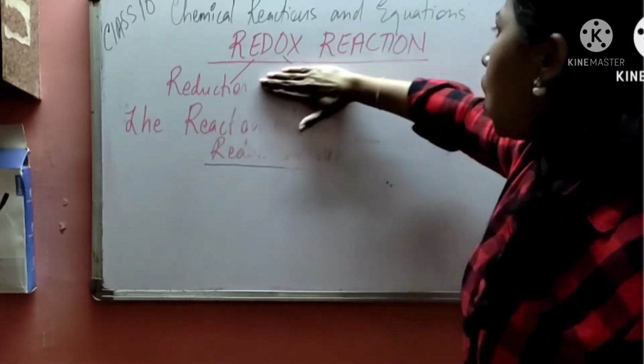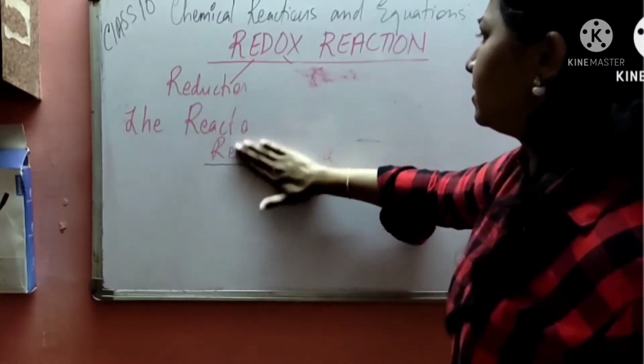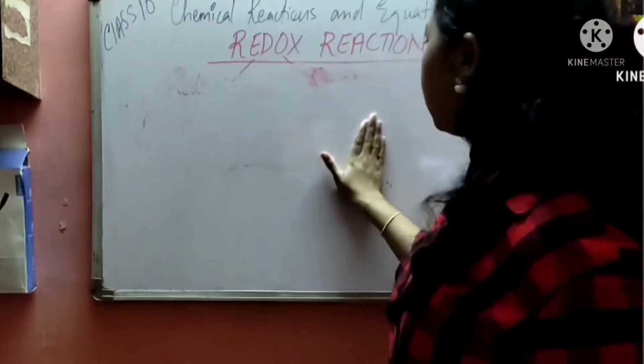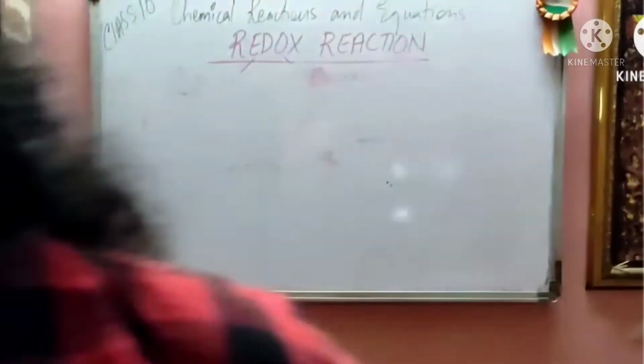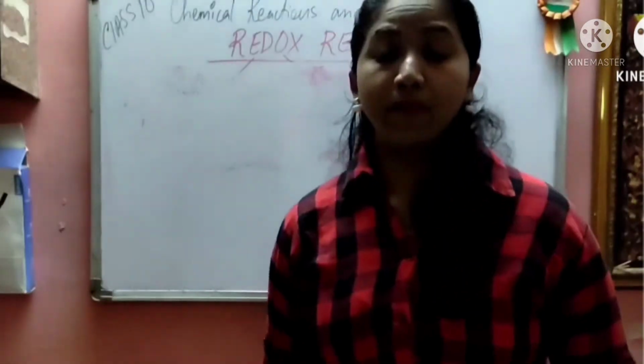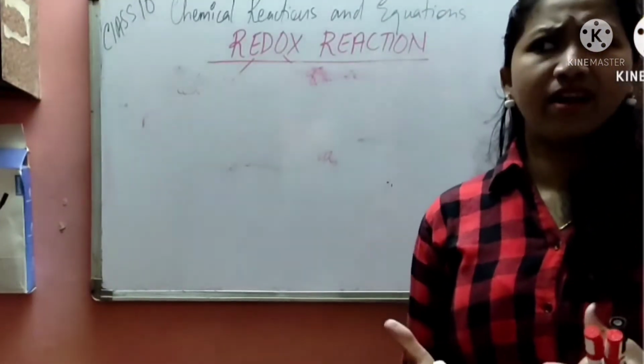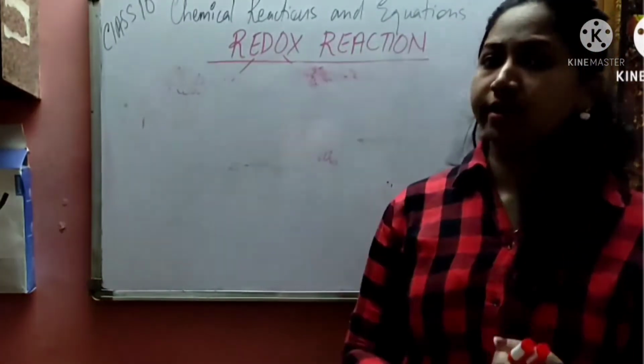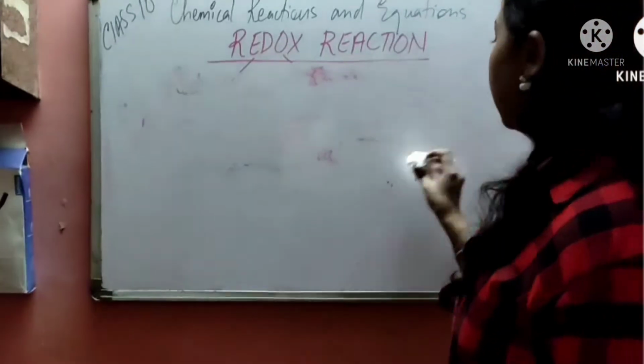So there are basically oxidation and reduction definitions in terms of oxygen, hydrogen and electrons. We'll see it now.